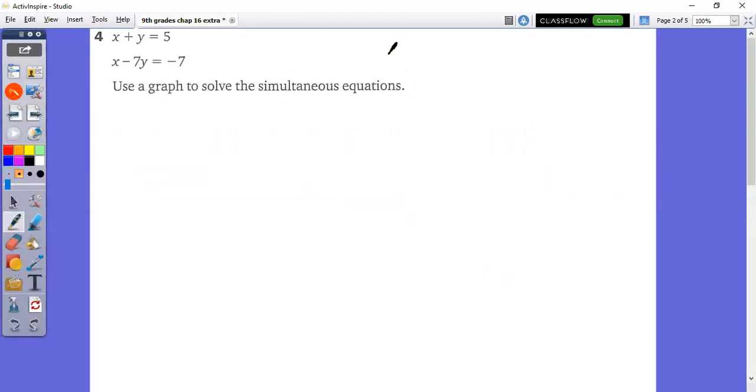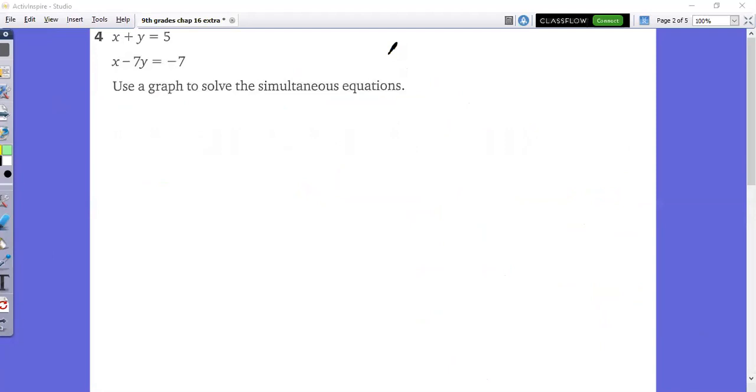Question 4. Use a graph to solve these simultaneous equations. Can I try the classical way first? Look at the coefficients of x, 1, 1. They are not opposite signs. Here, we can do what? We can multiply this by -1 to get positive x, negative x.